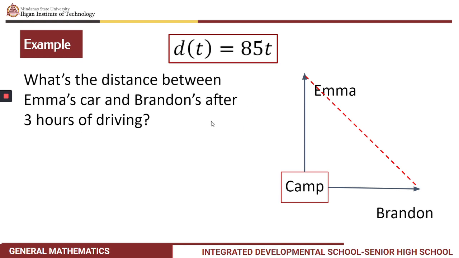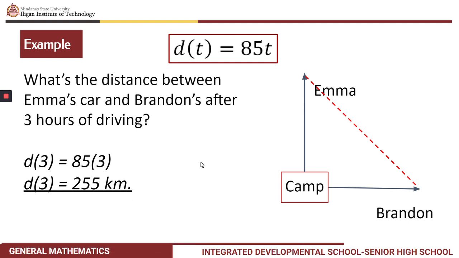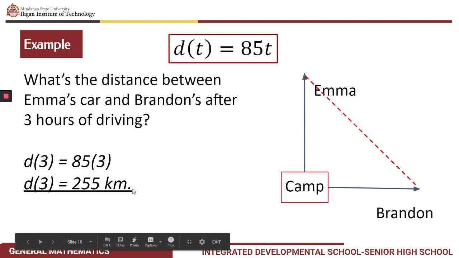Okay, in solving, we just have to substitute t with 3. So you have d of 3 equal to 255 kilometers. So this will be the distance between Emma's and Brandon's car after 3 hours. So ganyan lang siya kadali.